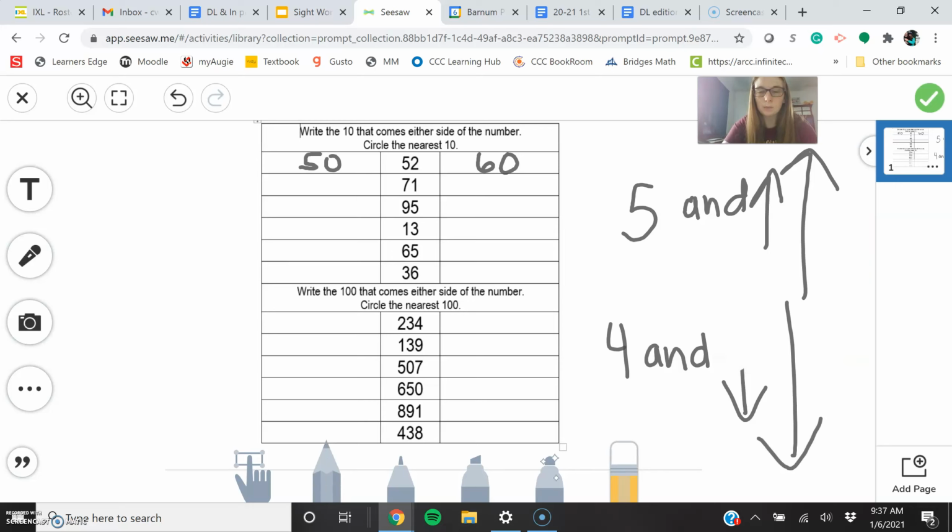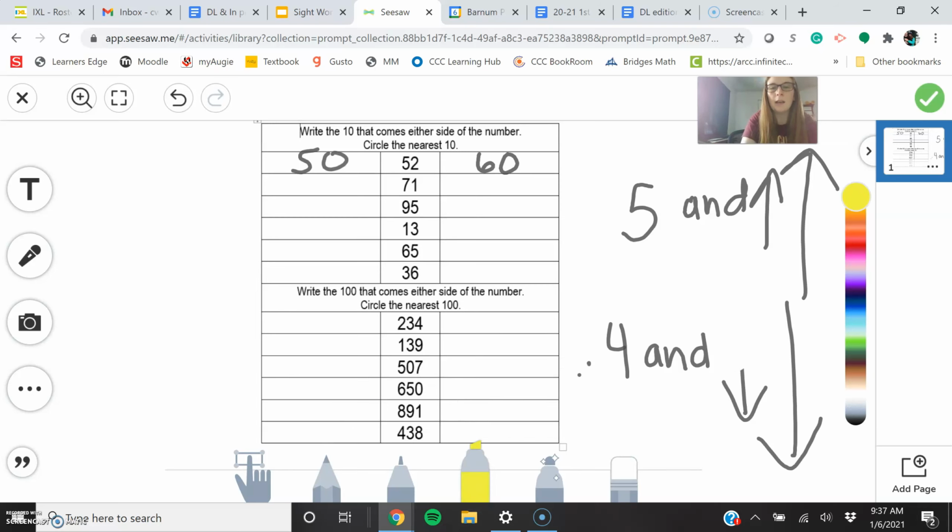So if we were to look at our 52, we would have to circle 50. That is our smaller number. And maybe we don't circle it. Maybe it's better actually to, oops, I erased it all, to highlight the number. So we're going to grab this highlighter, which is this tool, and then we're going to highlight 50 because that is the one that is closer to 52, and that's how we would round it.